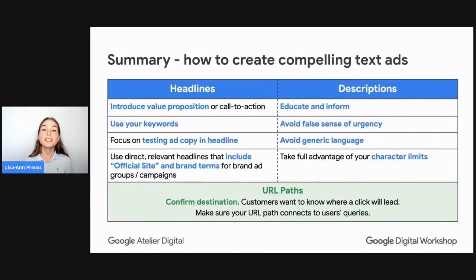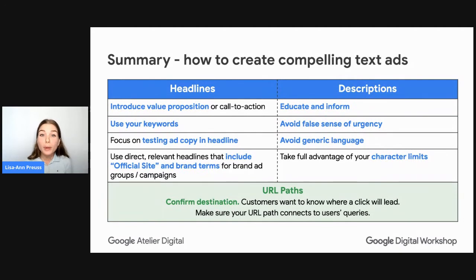So in a nutshell, here's how to create compelling text ads. For the headlines, make sure to introduce value propositions and use those keywords. Try to even make them as close to the actual search terms that the users are actively searching for as possible. And test, that is the beauty of having expanded text ads.